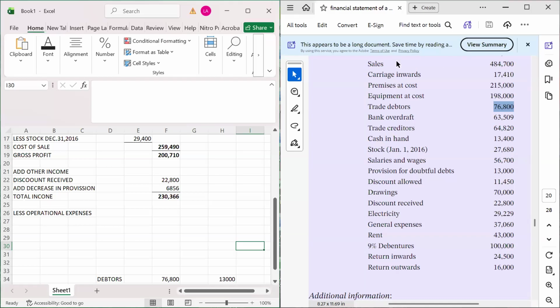Sales, we have used it. Carriage, we have used it. Premises at cost, we haven't used it yet, but this is a fixed asset. Equipment at cost, fixed asset. This is debtors. Bank overdraft is a liability. Then salaries and wages. So the first expense that you can see is salaries and wages.